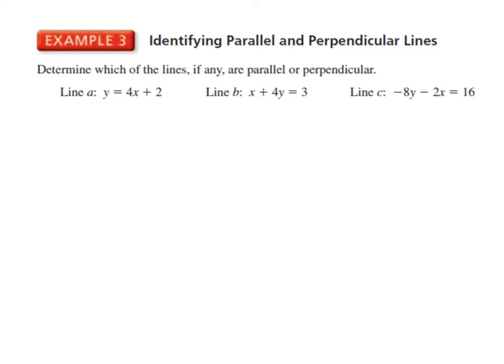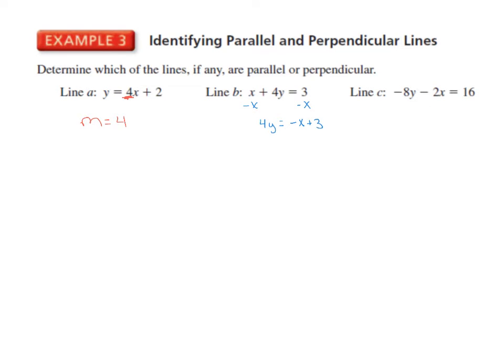Determine which of the lines, if any, are parallel or perpendicular. In this first equation, I can see that my slope is 4 because it's the number in front of the x. That's the important thing I need to know from that equation. The next equation is not in that y = form, so I need to do the math to get it into slope-intercept form, where I have just y all by itself.